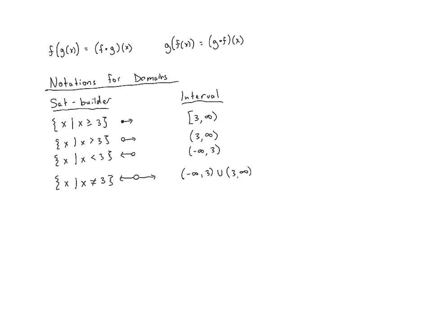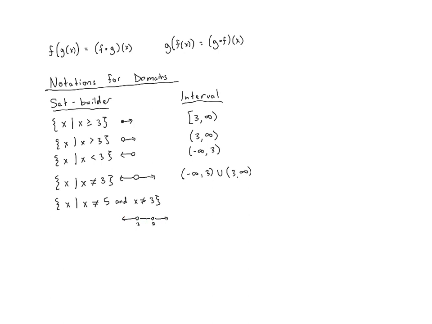All right. Two more. I want to look at what happens if we have a domain where there are two numbers that x is not allowed to be. So let's say x is not allowed to be 5 and x is not allowed to be 3. Now in this situation, x can be any number except 5 and 3. So on the number line, we're going to have an open circle at 3 and an open circle at 5, but we're going to be shading everything else to the left, to the right, and in between.